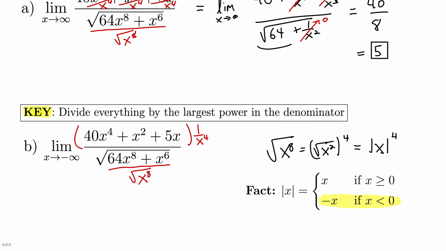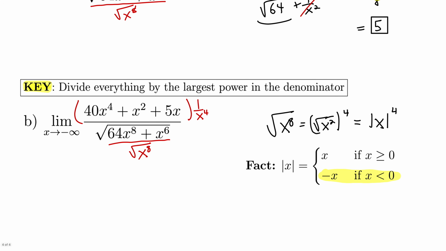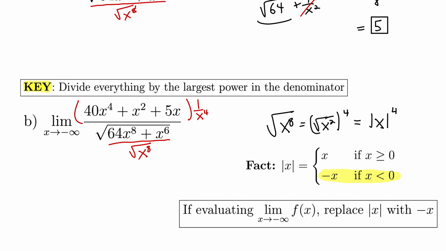So to be even a little bit more clear, if you're evaluating the limit as x goes to negative infinity of some function, replace the absolute value of x with negative x in that function. Now again, this doesn't matter for this particular example. Why doesn't it matter?